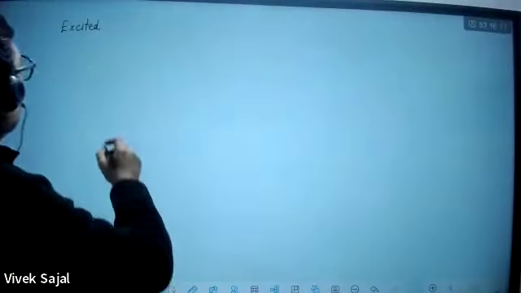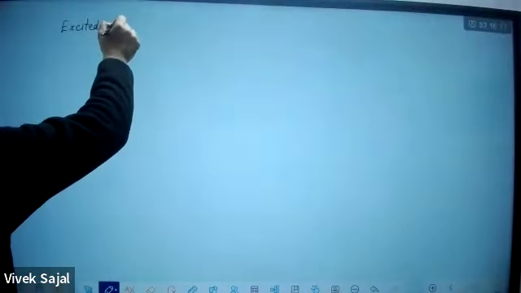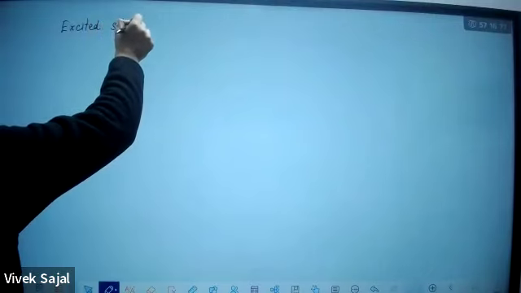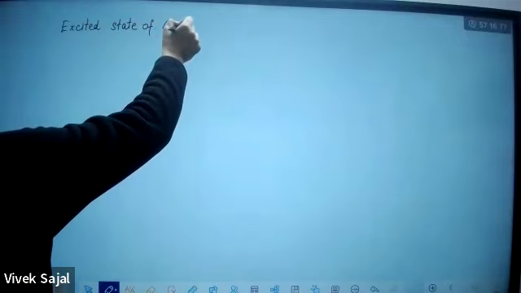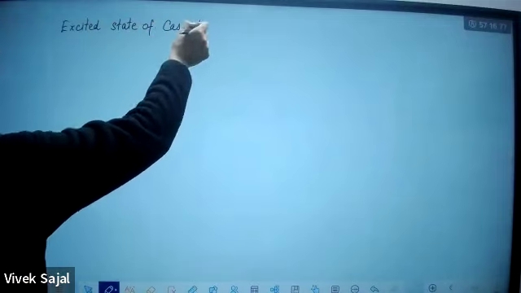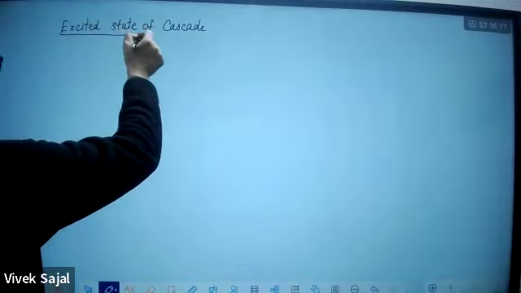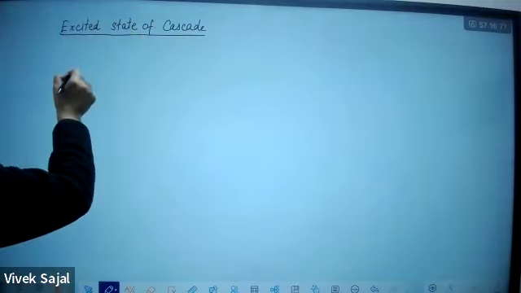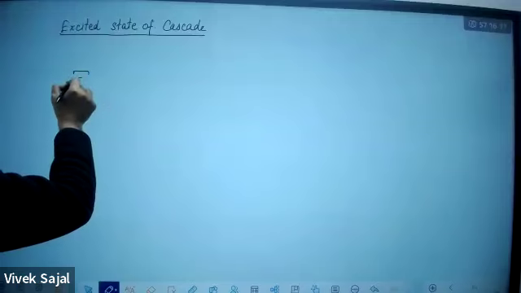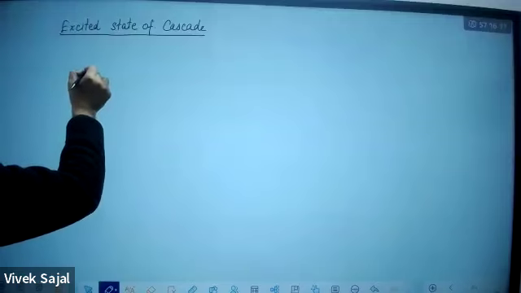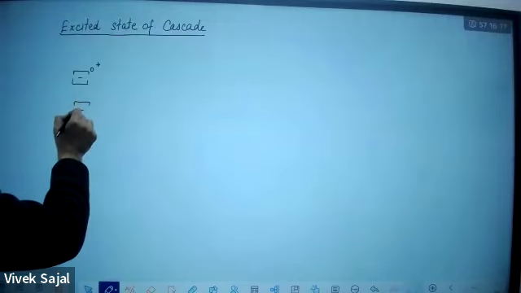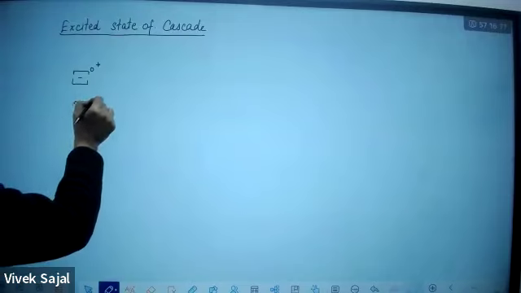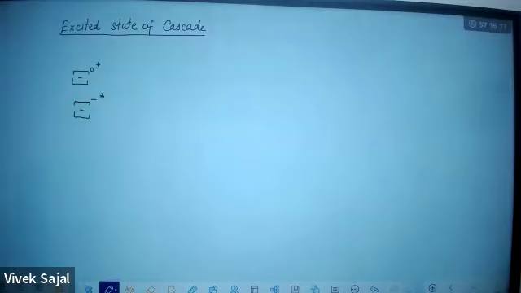Next is excited states of cascades. One is sigma neutral in the excited state, and this is sigma negative in the excited state.